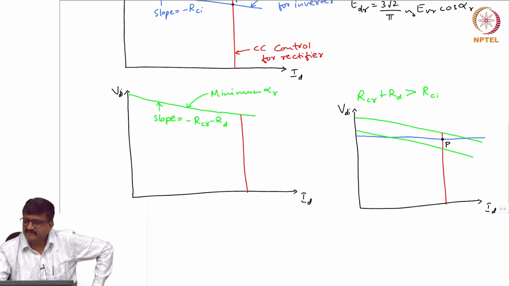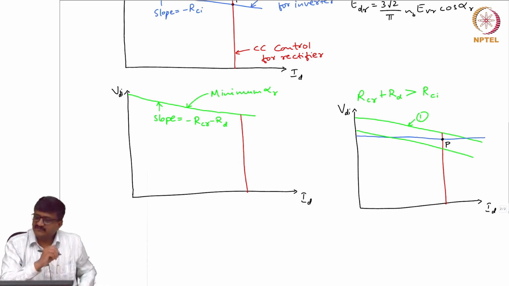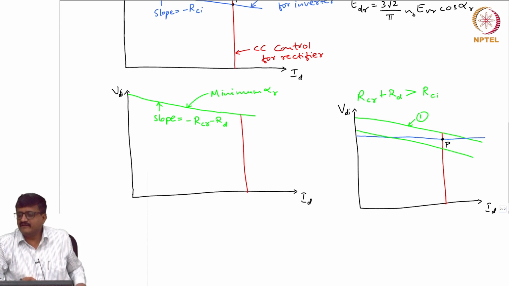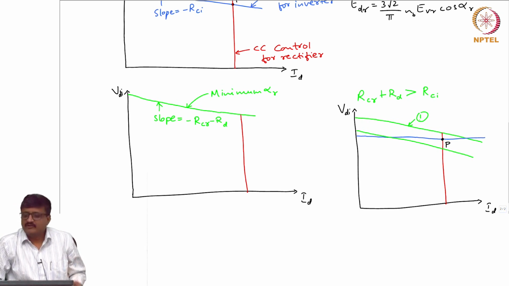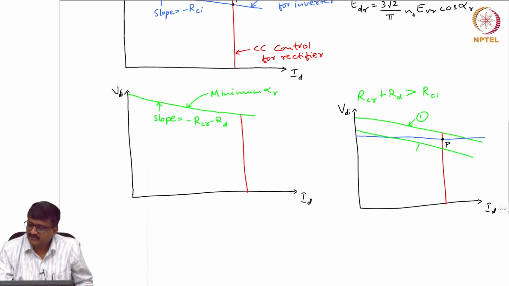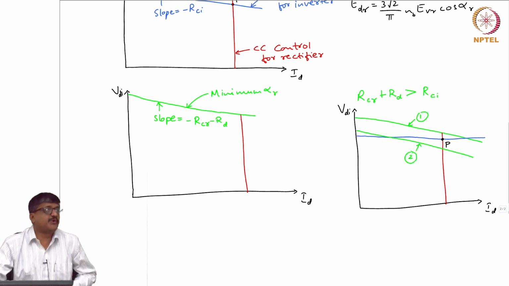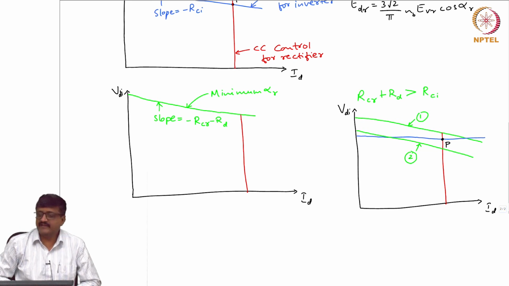Earlier, with the first minimum alpha R, the point of operation was P. This first minimum alpha R is not even deciding the point of operation. The point of operation is decided by the CC control of rectifier and CEA control of inverter. Now, when I have a reduced voltage on the AC system of the rectifier side, the minimum alpha R has gone down.